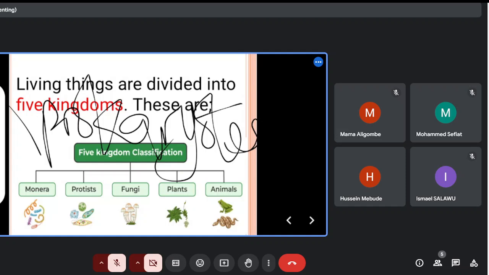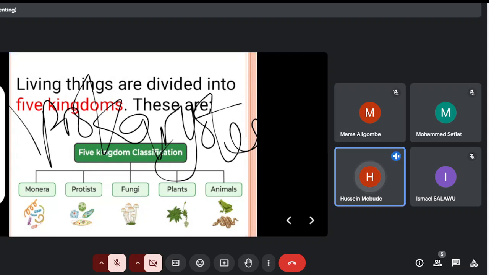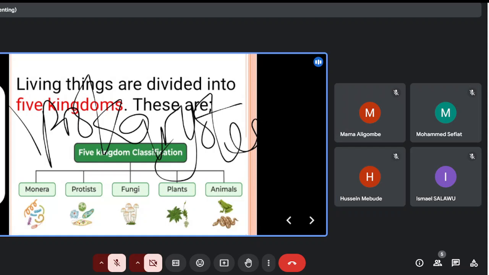Prokaryote, it means they lack a true nucleus. Meaning, thank you, they lack true nucleus. They do not have a well-defined nucleus. Their DNA is just free, roaming about in their cytoplasm. And another major feature that we also mentioned about them: unicellular, meaning they are made up of just one cell.